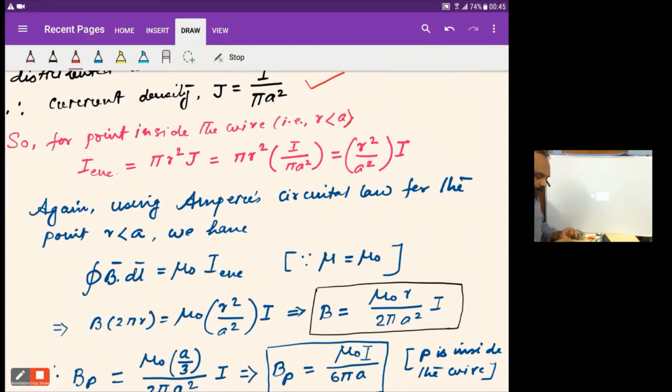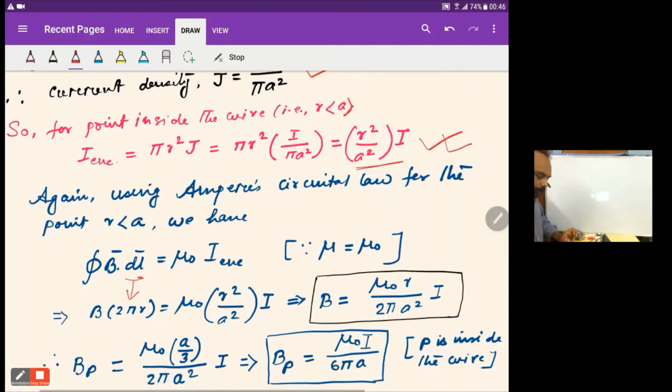Therefore, B times integration of dl, which gives me 2 pi r, is equal to mu 0 times I enclosed, which is given by this value. So mu naught R square by a square times I, that gives us B is equal to mu 0 R by 2 pi a square I. This is for inside the wire.